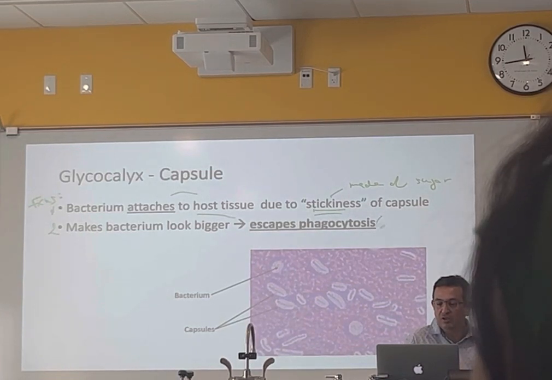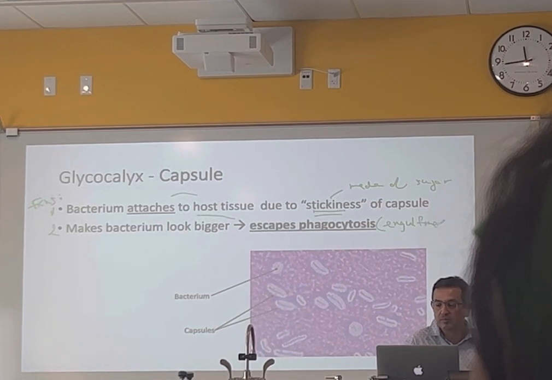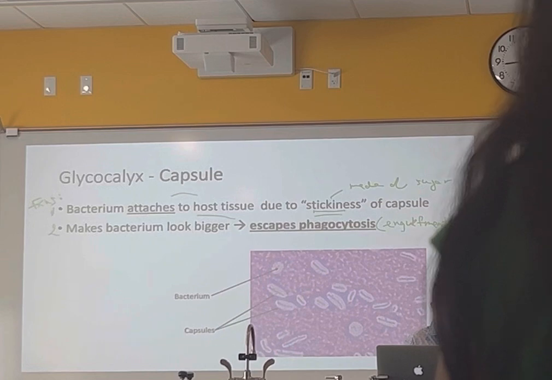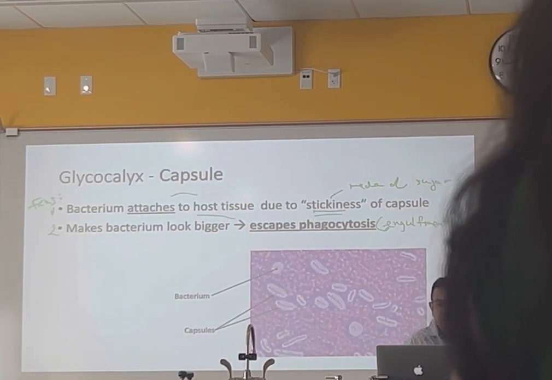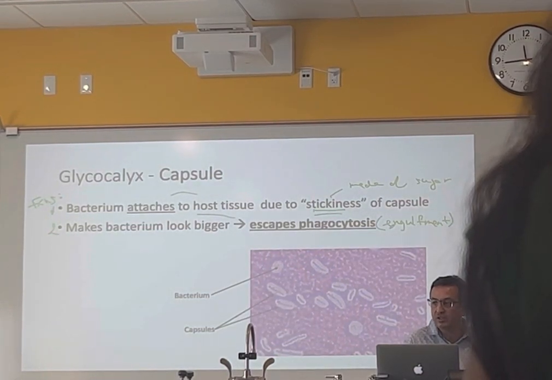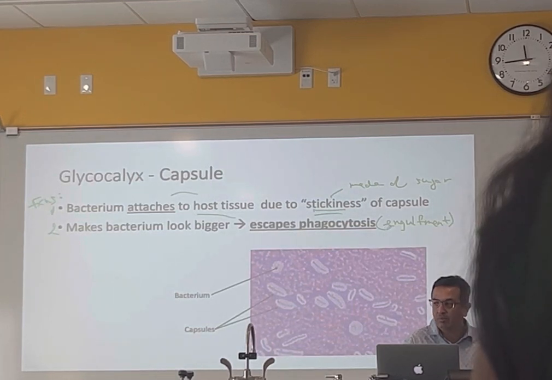Do you remember what phagocytosis is? Engulfment. It helps the bacteria escape engulfment, okay, phagocytosis, right? How does it escape? Because there's immune cells that want to engulf them, to destroy them. So how does a capsule help, so they won't get engulfed?